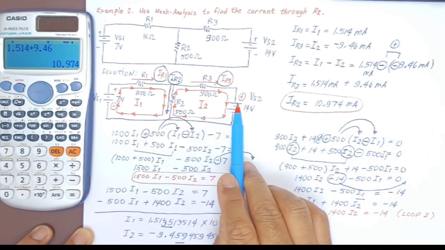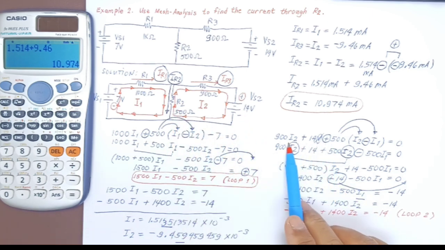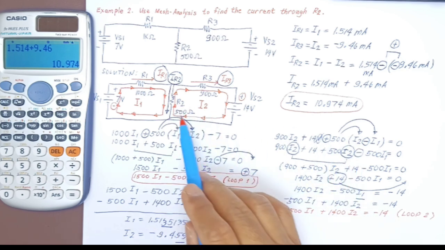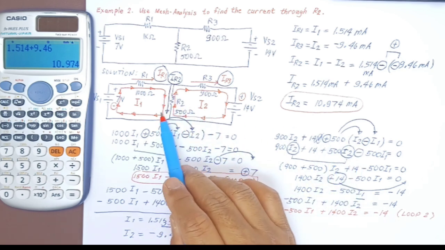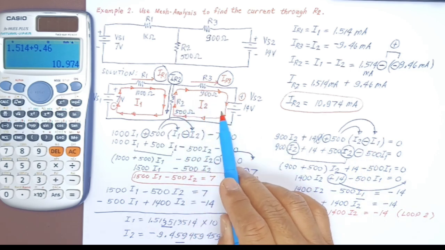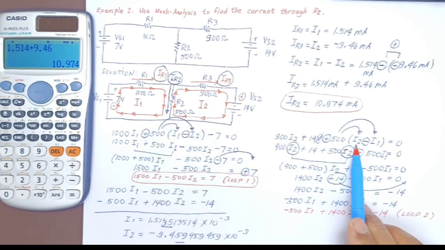Now for loop number 2, we did the same. We got 900 multiplied with I2 plus 14, because we entered the positive side of voltage source 2, and plus 500 (I2 minus I1), because the I2 has an upward direction and I1 has a downward direction.